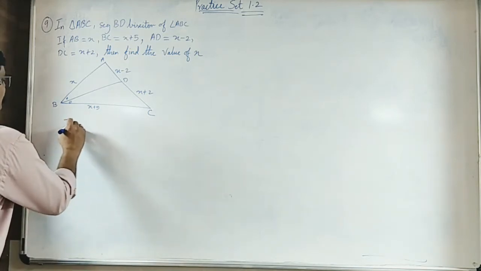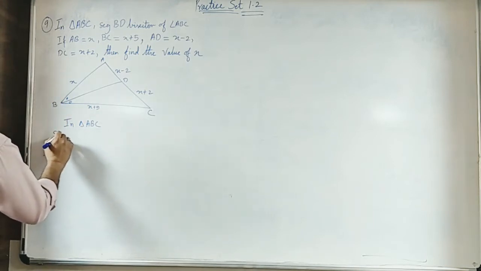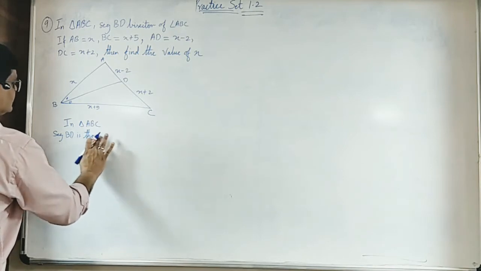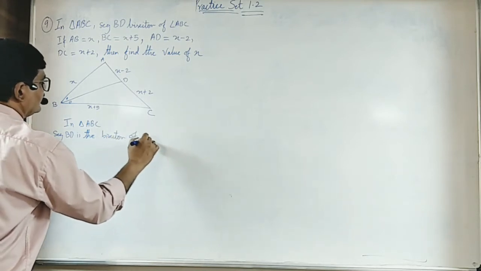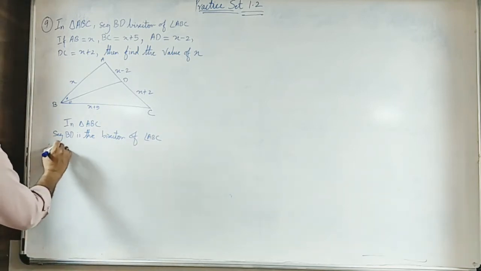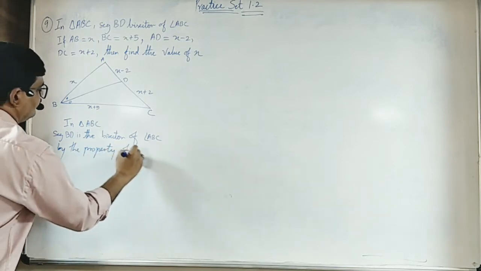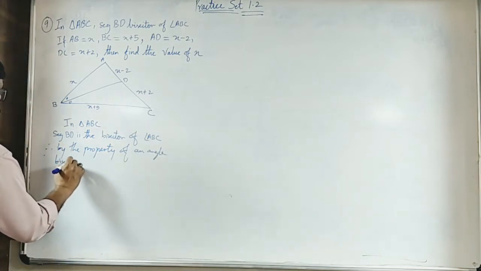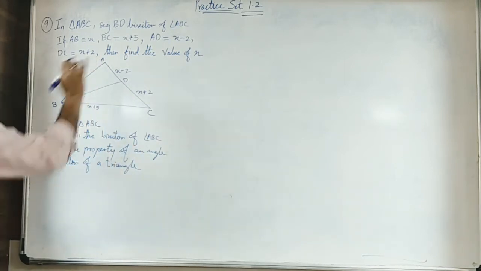First the same thing we will write: in triangle ABC, BD is the bisector of angle ABC, and therefore by the property of an angle bisector of a triangle, I have to apply the property.